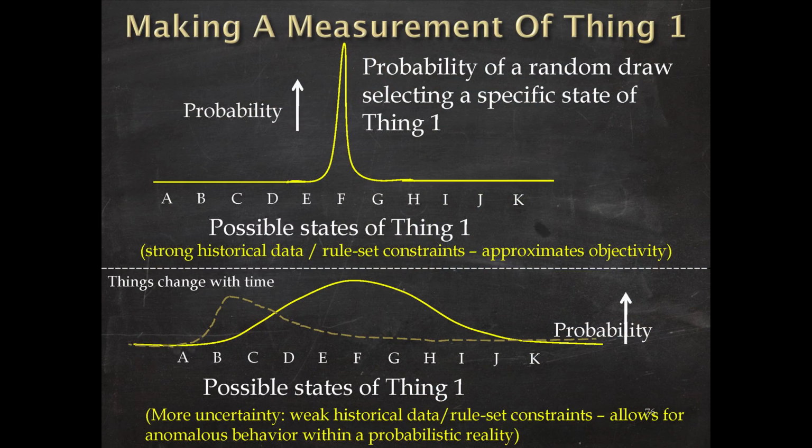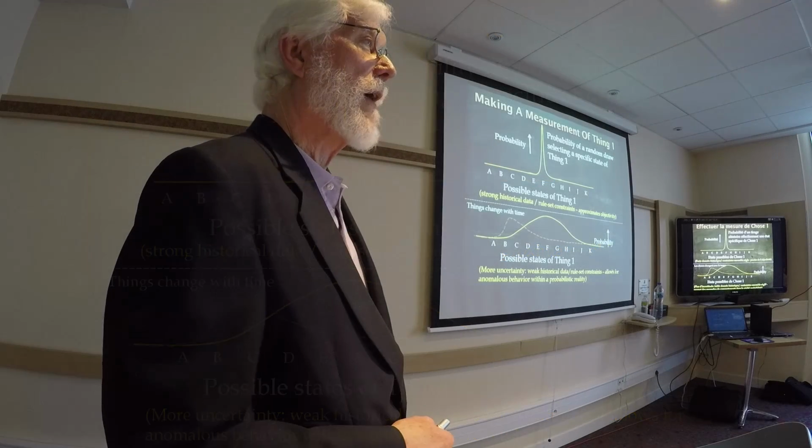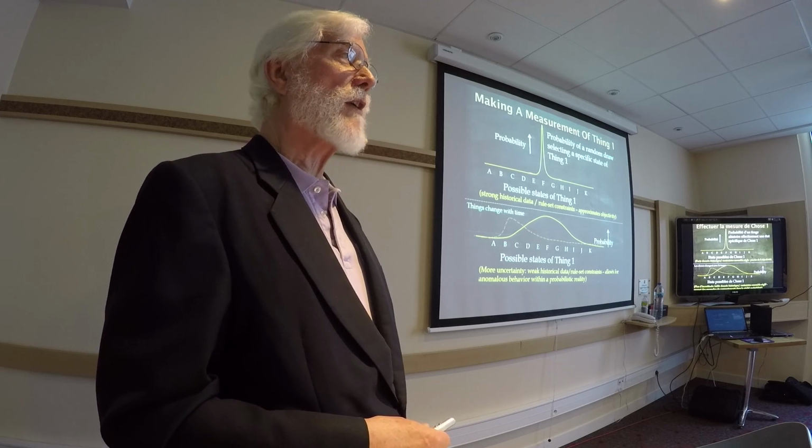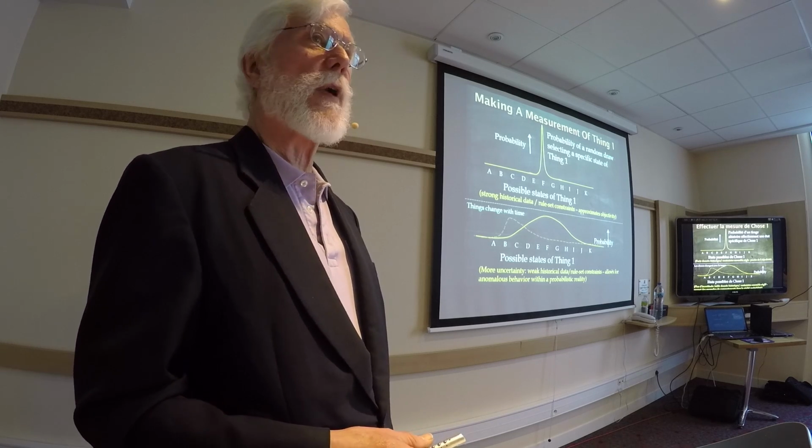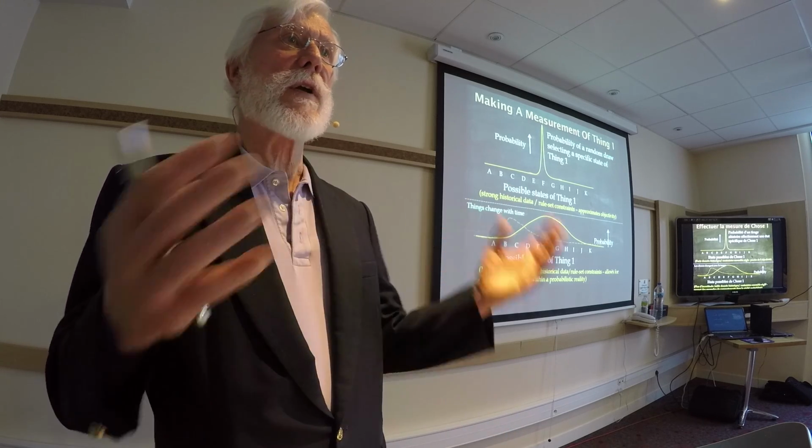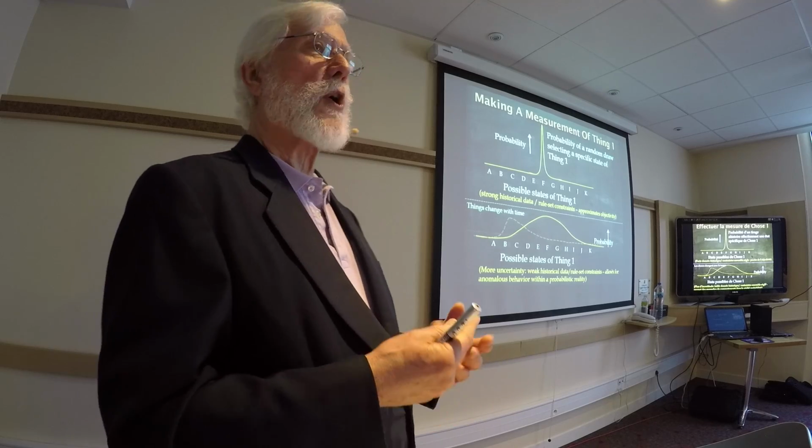And of course, the other thing is a random draw. If I'm going to take a random draw from under this curve, then I might get an A or a K. I may get something that's very unlikely, but it happens anyway. That's what we were talking about when we were talking about tunneling, right?